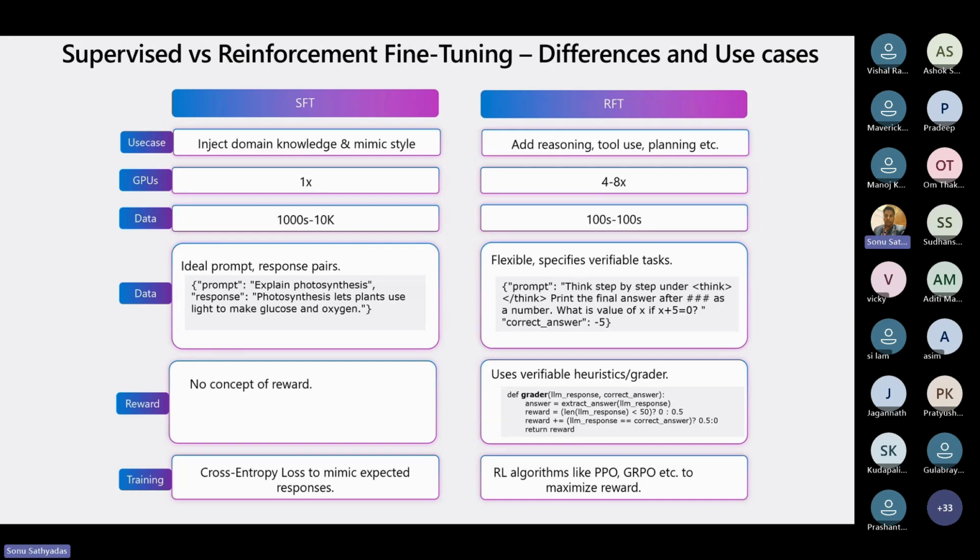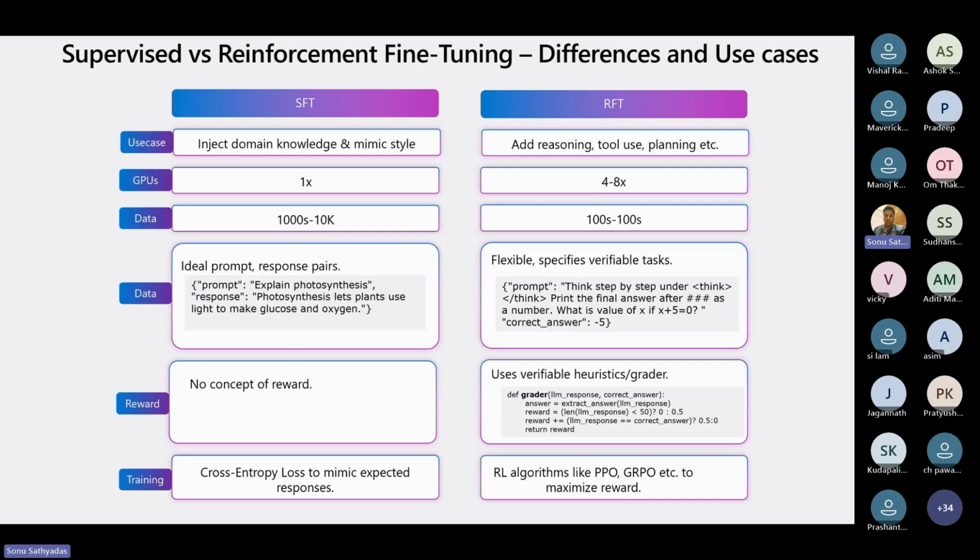But reinforcement fine tuning adds reasoning, tool use, and planning, etc. So this is used for more complex scenarios where we have to think, where the reasoning logic is required. So we add reasoning, tool usages in agents, and for planning purposes, it's better to use which approach?